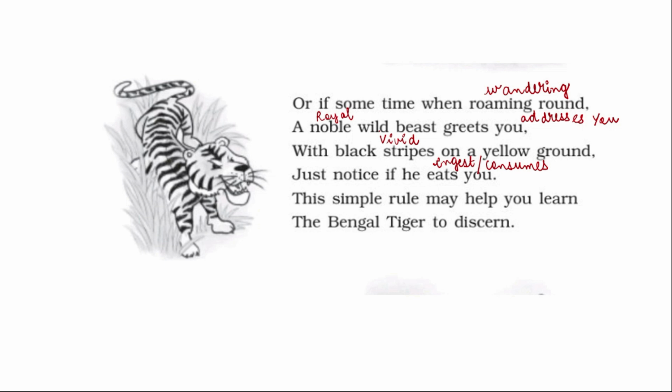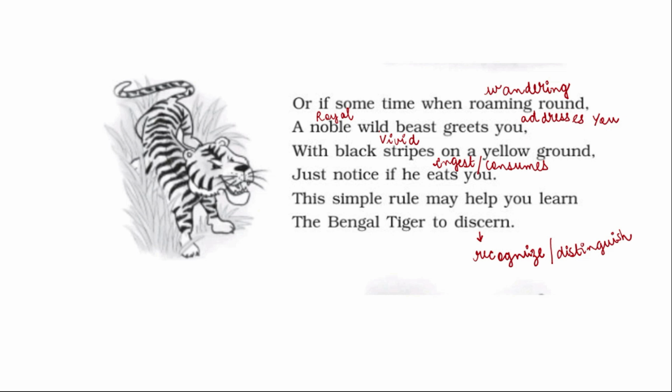Just notice if he eats you. So if the animal ingests you or consumes you or eats you, this simple rule may help you learn the Bengal tiger to discern. So if the animal eats us, then it will help us learn that the animal is a Bengal tiger, and hence we can recognize or distinguish it.